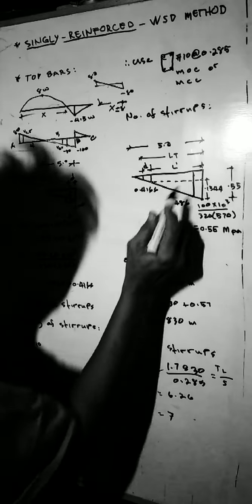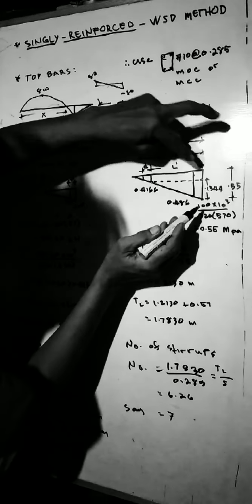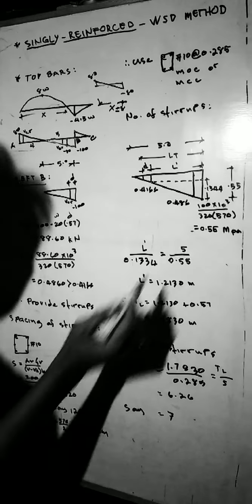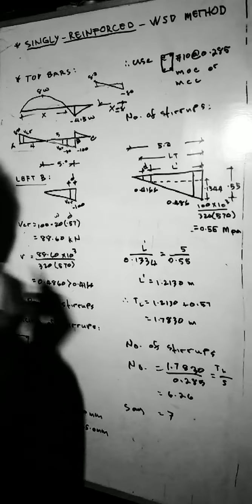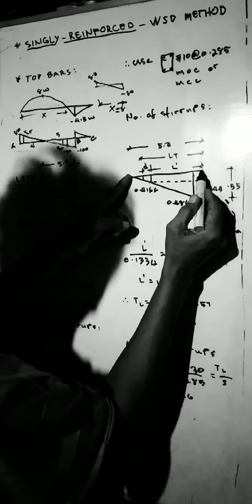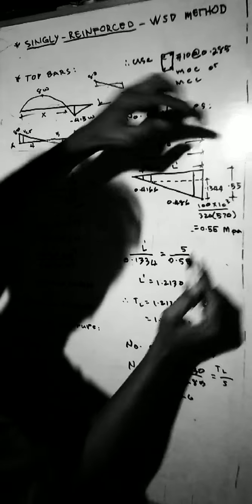So L prime divided by its height, 0.1344, is equal to the ratio of the big triangle, 5 divided by its height, 0.55.